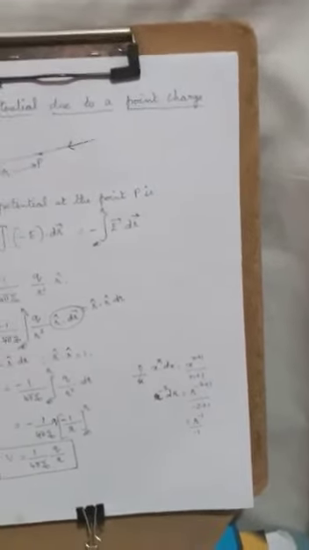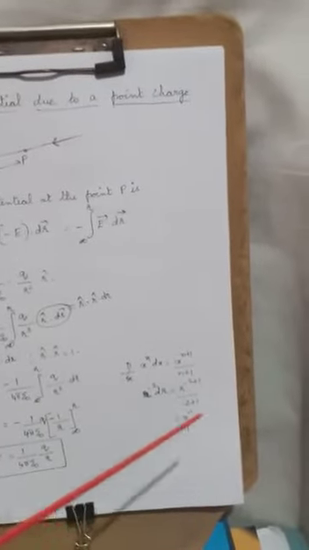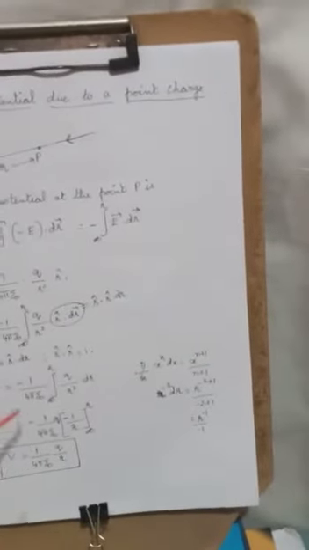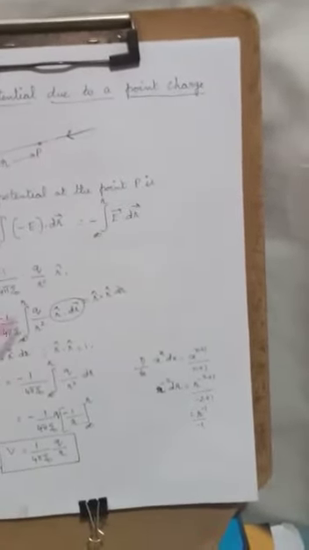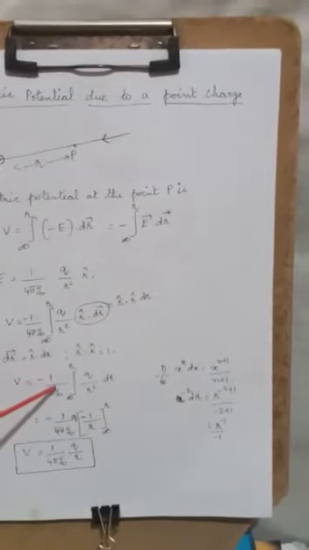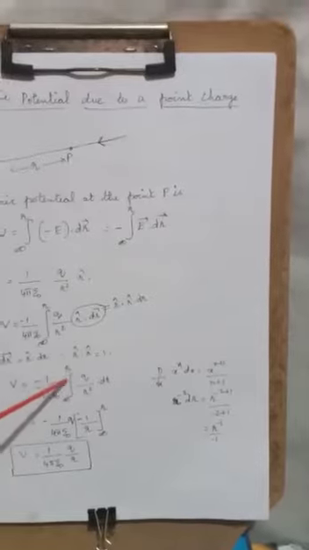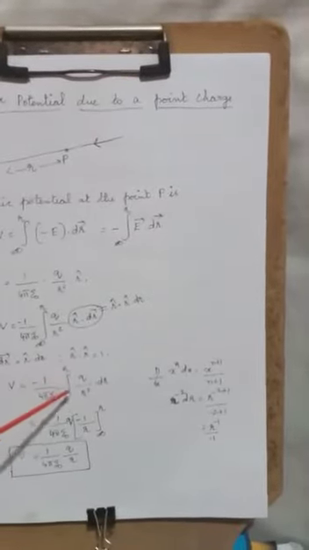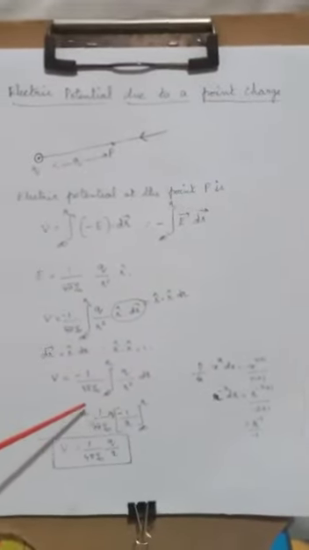So what will it give you as an answer? r power minus 1 divided by minus 1. So how can I write that now? Already there is a negative sign because it is in the opposite direction. So minus 1 by 4 pi epsilon naught from the limit infinity to R. This is what you have integrated.